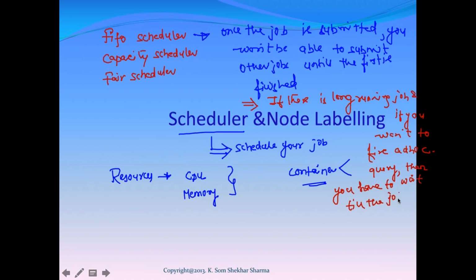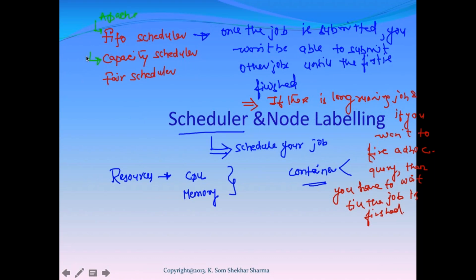That is the problem with the FIFO scheduler, which is why it is generally not preferred in production. FIFO is the default scheduler for Apache Hadoop.